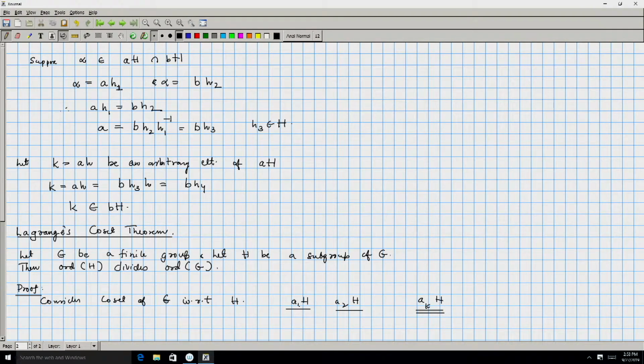These cosets partition G, so their sizes add up to the size of G: size of A1H plus size of A2H plus up to size of AKH is equal to size of G.